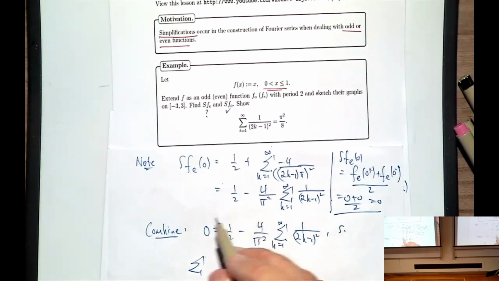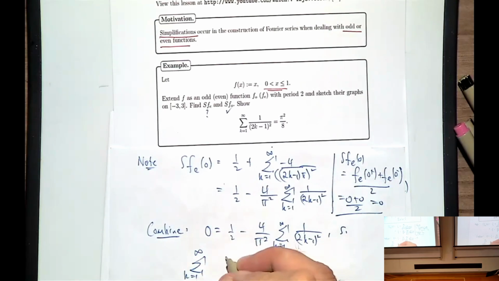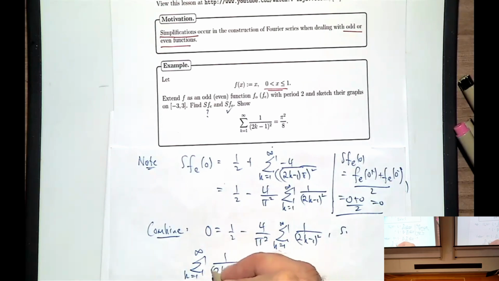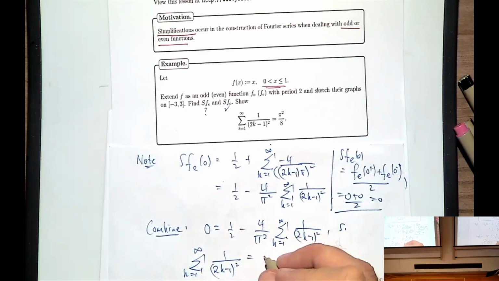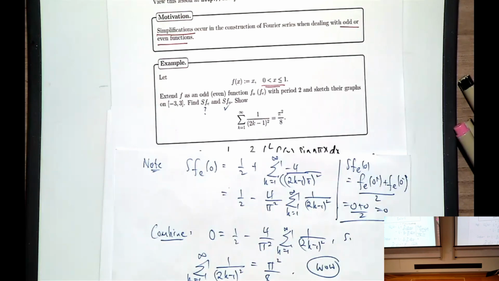Bring that to the other side, multiply. Wow. Okay, so those annoying series that you saw in first year, you can use Fourier series to do a lot with them.